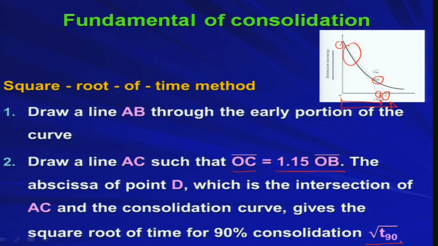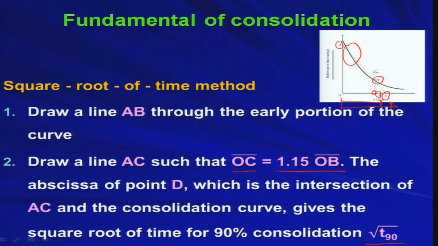That means I will get root over T90 from the abscissa of point D on the time axis. Once you establish point D, you drop a vertical line from point D, so that you get the square root of T90.